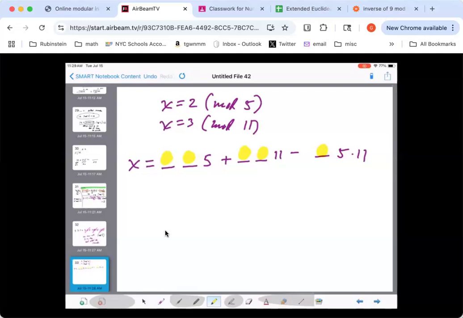So if you're wondering, where are these numbers? Oh, shoot. Sorry. I really would prefer to put the 11 there.